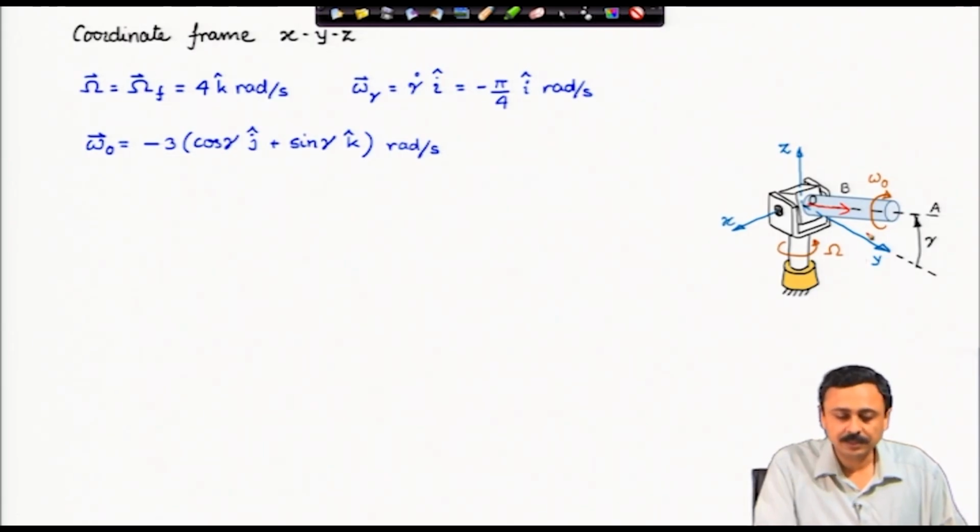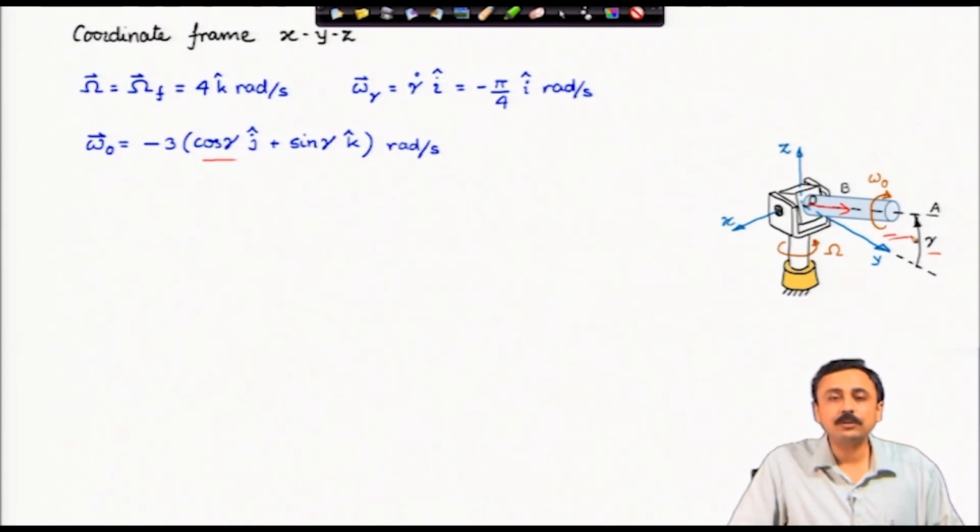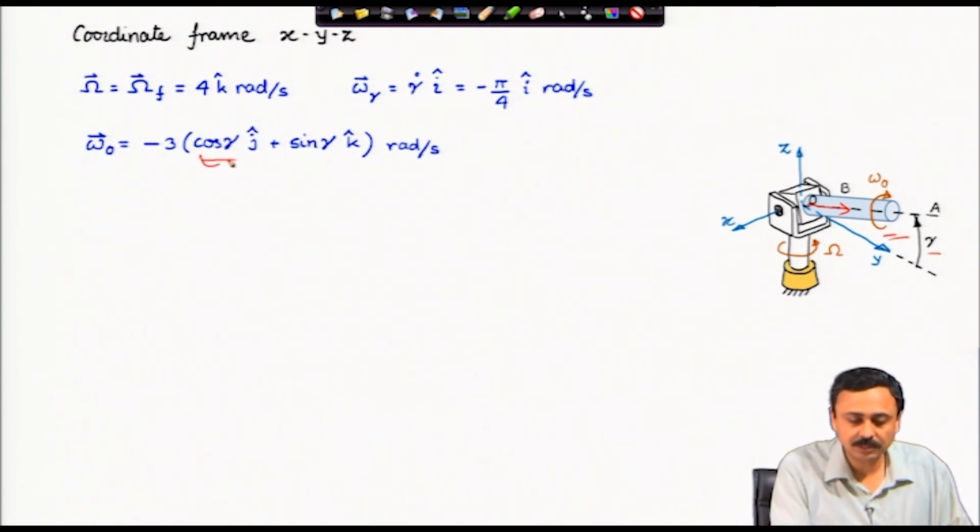I have done that. It is cos gamma j cap plus sin gamma k cap, this is gamma, and the spin is taking place in this direction, you can see here, and therefore, it is minus 3 times unit vector OA. This is nothing but the unit vector OA.